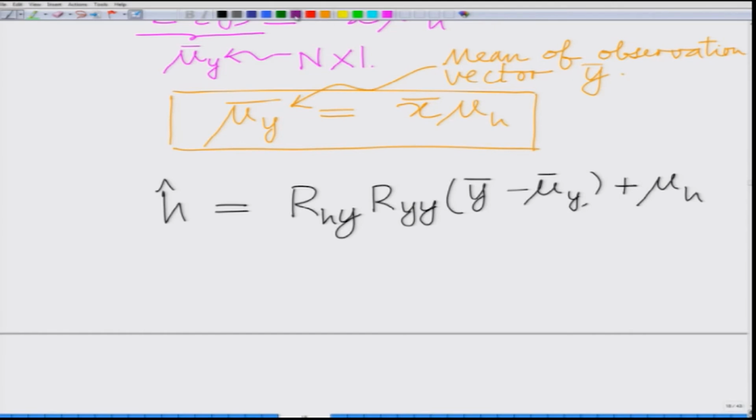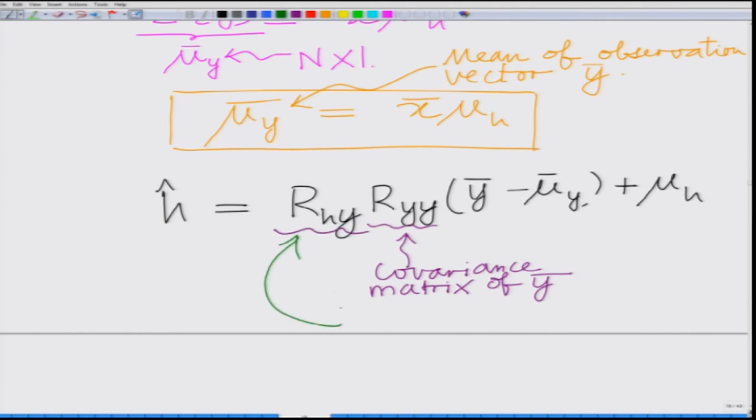R y y is the covariance matrix of y, and r h y is the cross covariance of h comma y bar.